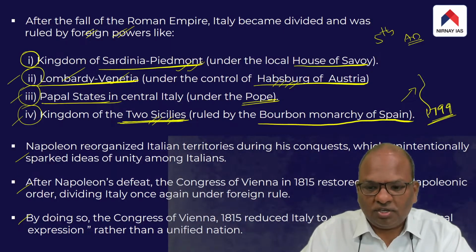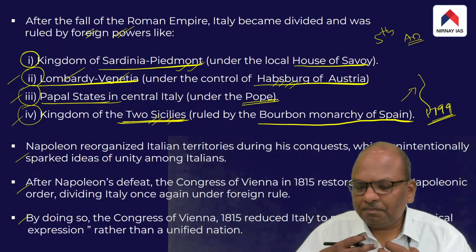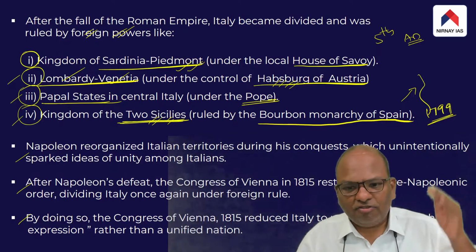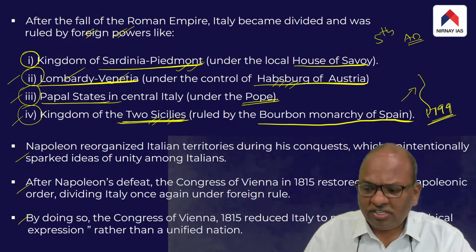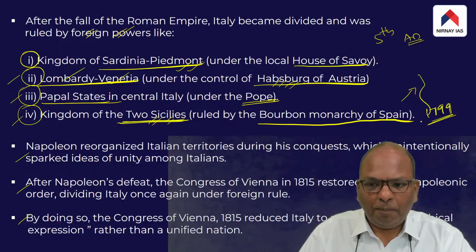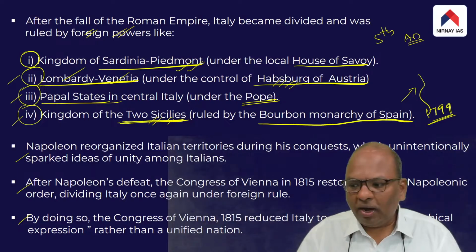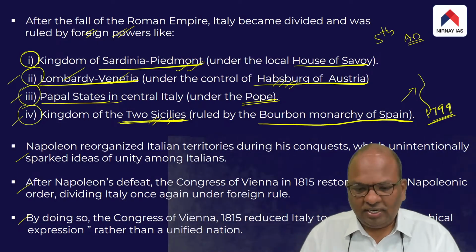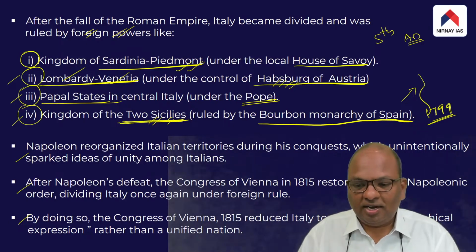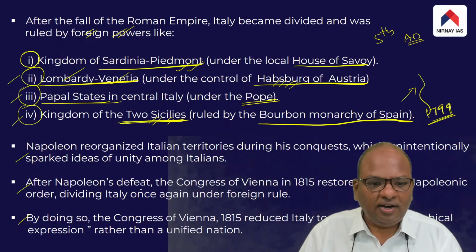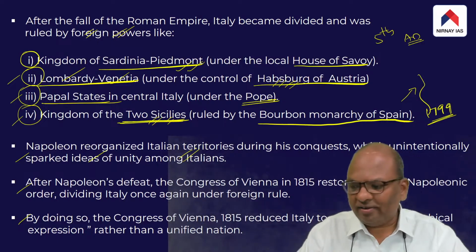So the point is, it was Napoleon who unintentionally aroused national sentiments among the Italians. Italians remained divided for a very long time. It was Napoleon who, by occupying Italian speaking territories and thereby bringing them under one political rule, unintentionally sparked ideas of unity among the Italians.